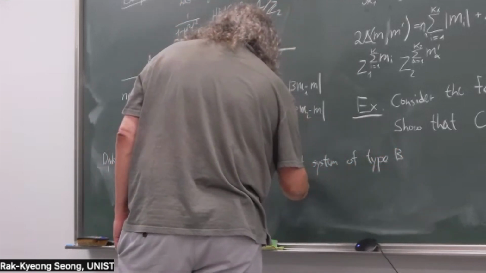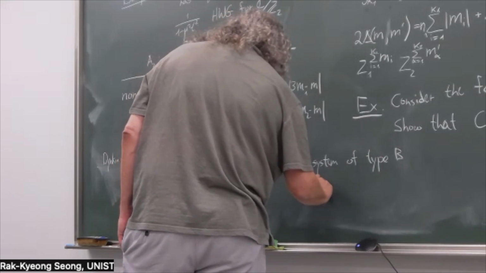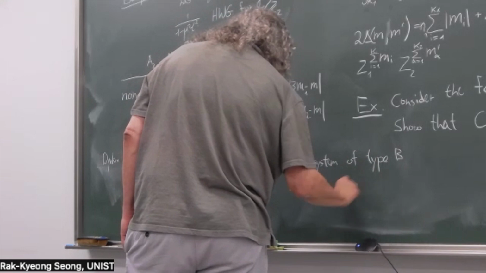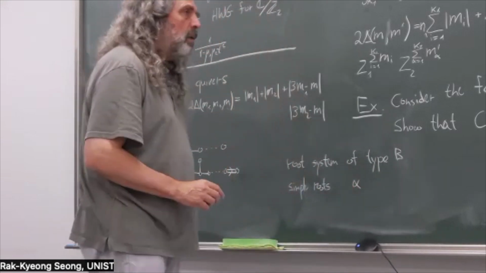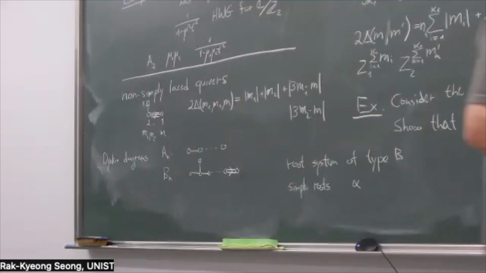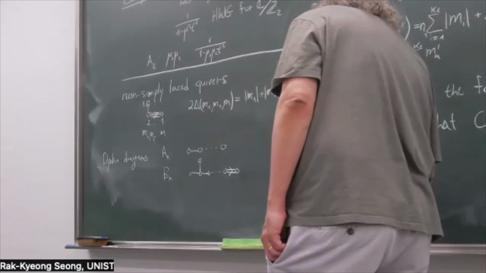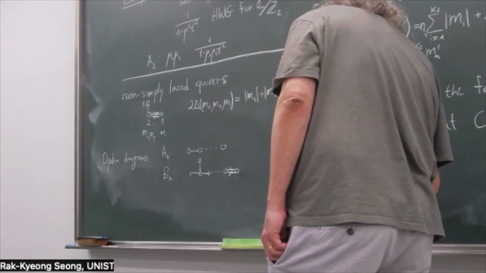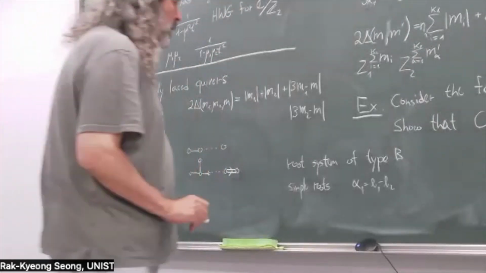The simple roots are written in a canonical basis, which is also arising from the brane system. Alpha 1 is E1 minus E2, which is the same orthogonal basis that we use for A type.